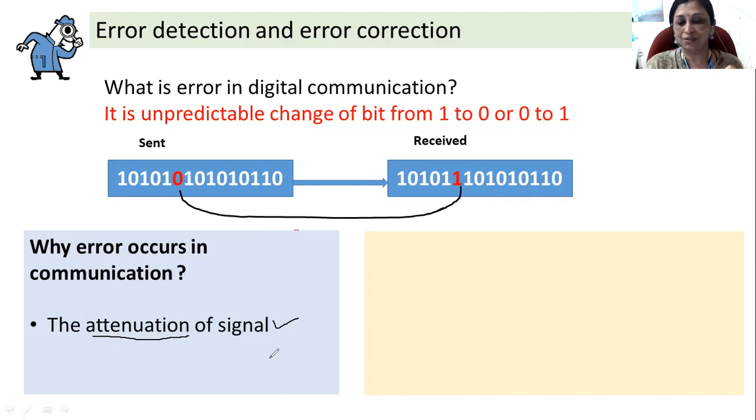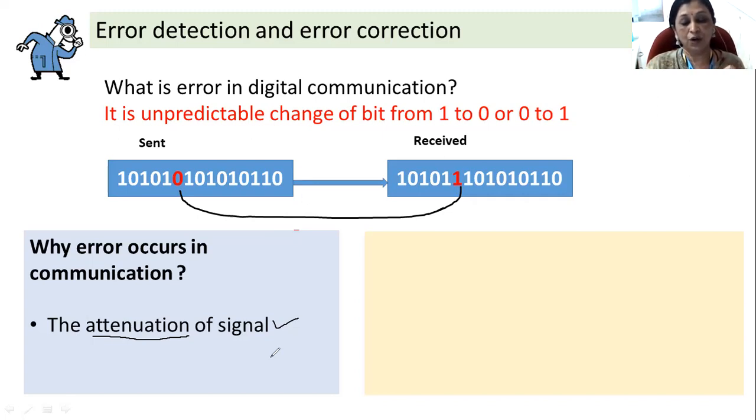When the signal is transmitted through a communication media, there are chances that some external disturbances may get added over the signal, and these disturbances are called noise.